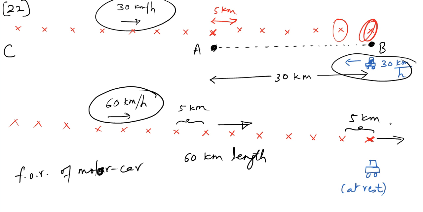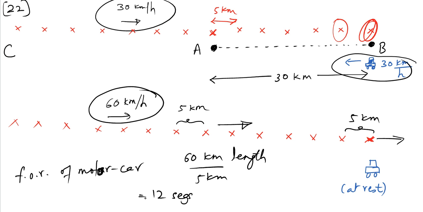So how many such segments are there? 60 kilometers divided by 5 kilometers gives 12 segments. There are 12 segments, each of 5 kilometers, and these segments constitute the 60 kilometer length of the procession, which the motor car driver sees through his window.